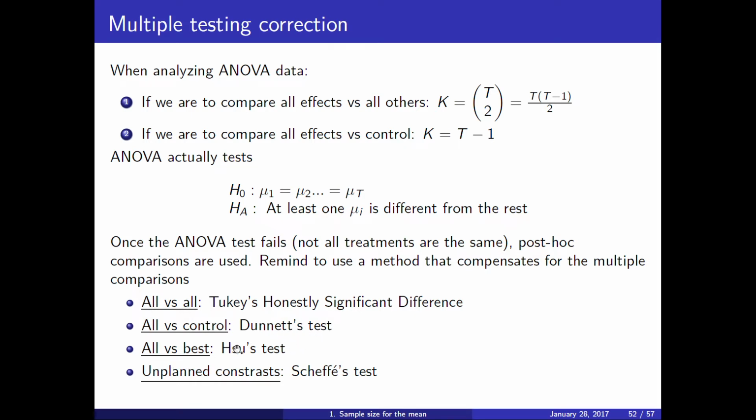If you do all versus best, you do the Hsu test. And if you make some unplanned contrasts, then you use the Scheffé test. But these are technically correct ways to address this problem of multiple testing and finding the groups that are different.